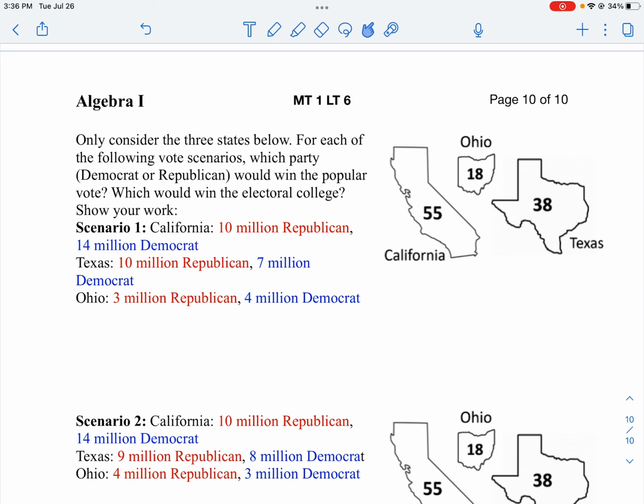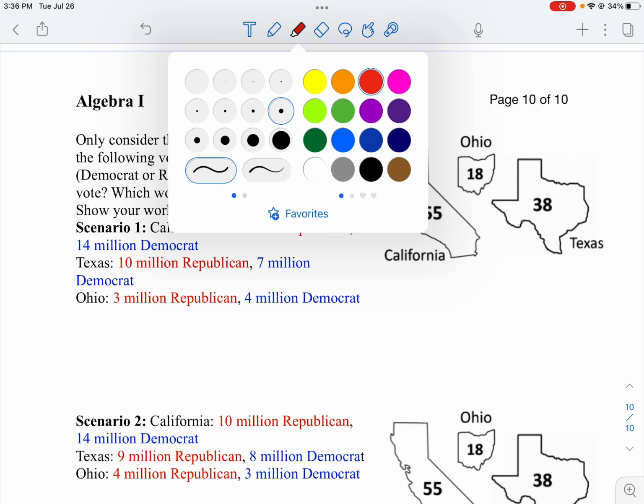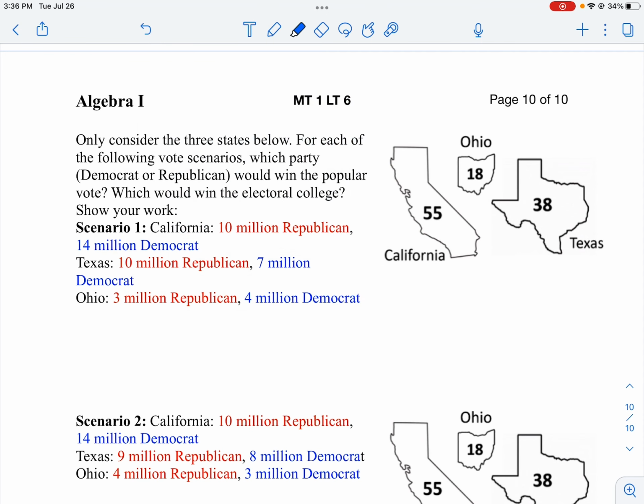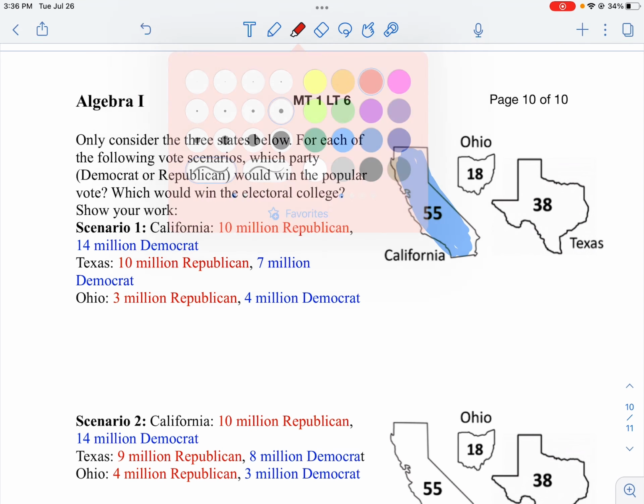So if they just voted along party lines, which we know people don't do all the time, but let's just say they do for this example, California is going to go to the Democrats because they'll have 55 electoral votes. Texas has 10 million Republicans and 7 million Democrats, so Texas is going to go Republican.